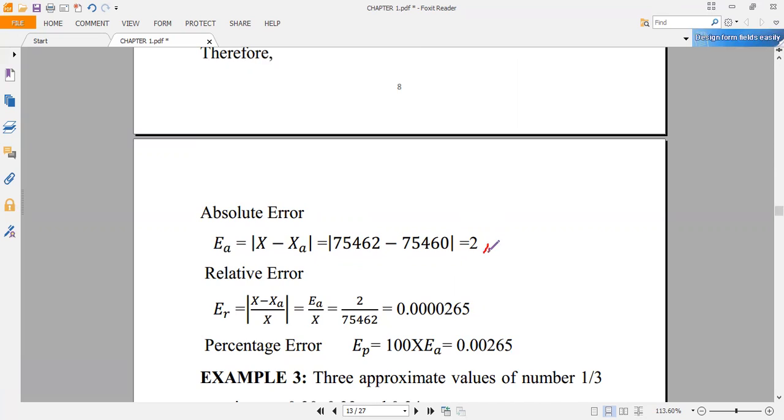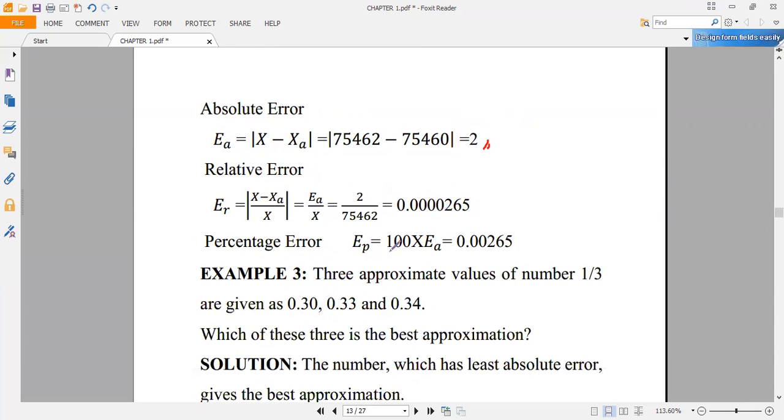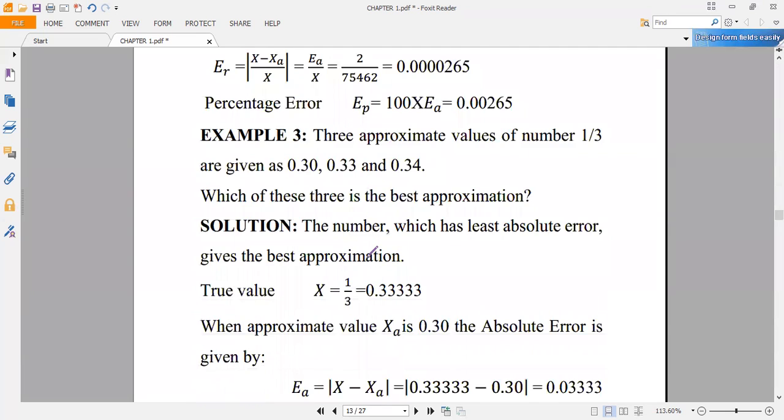The relative error is the absolute error over its exact value, so it becomes 0.0000265, and the percentage error is 100 times the relative error, so it becomes 0.00265.